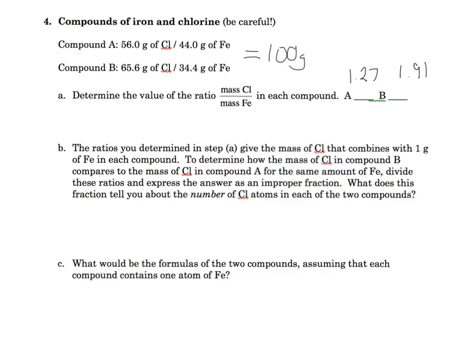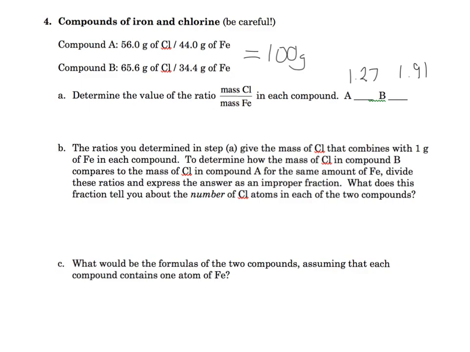At first glance, these two ratios are not as simply related as the ones in the previous examples. You can't simply round off these values to 1 and 2 because we've got 3 significant figures worth of precision in the data.